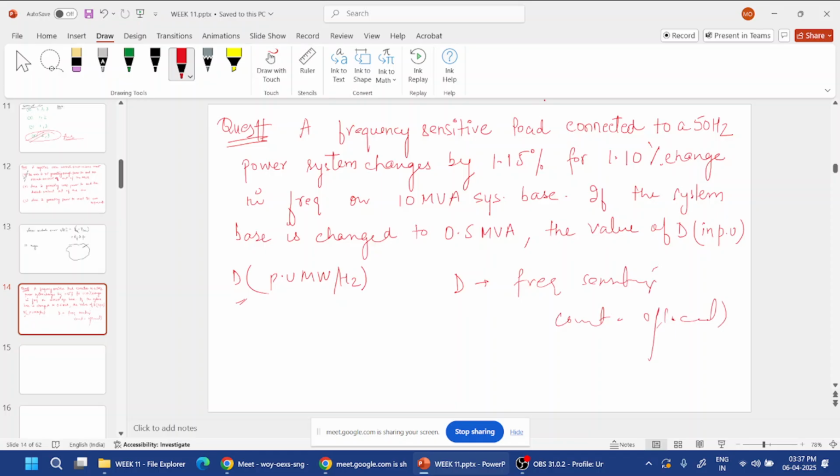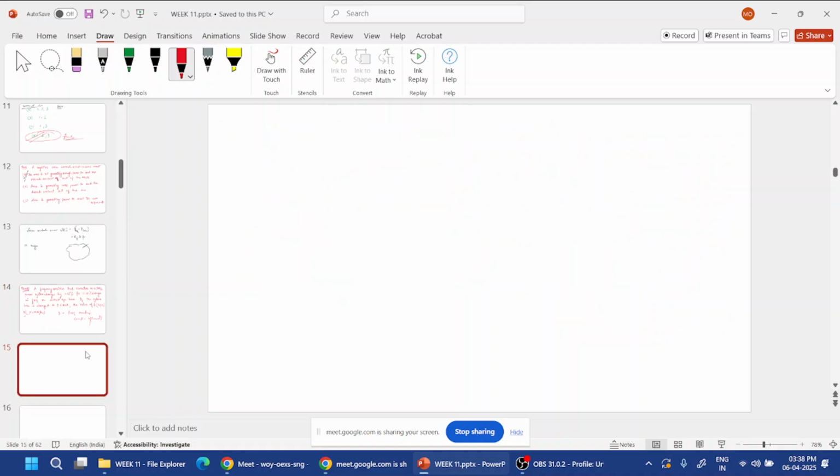So what value does it possess? What will be its value? Anyone who can do it? We have solved various questions on this also. What is D? It is the frequency sensitive constant.